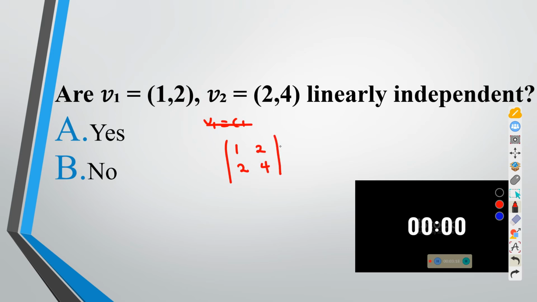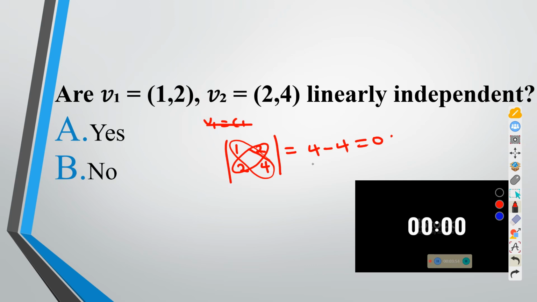Let us look at the determinant of this. So what will be the determinant? That would be 4 minus 4. So 4 minus 4 is equal to 0.